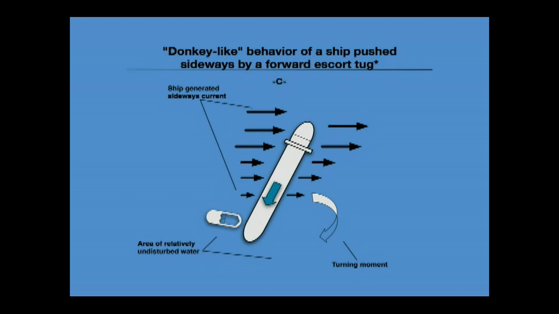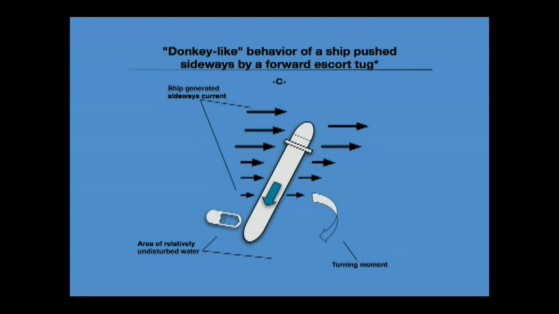As the ship moves ahead, the bow will float in an area of relatively undisturbed water. The stern, instead, will be affected by the ship-generated sideways current that has started to develop, causing a turning moment that will reduce the port swing and can even initiate a starboard swing.